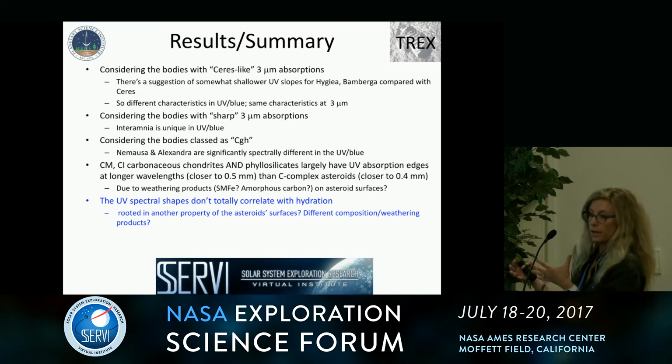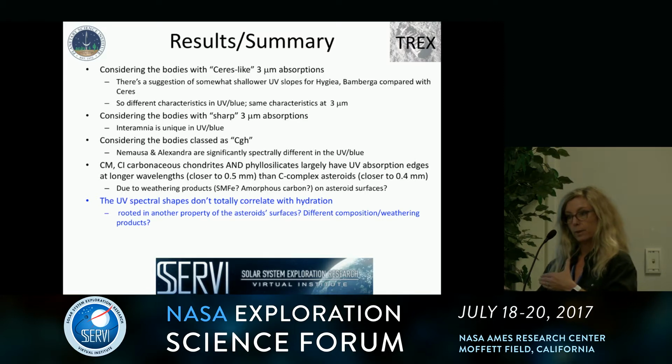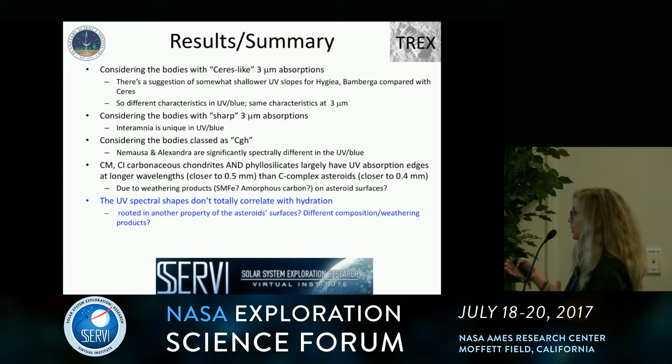So we see different characteristics in the UV and blue, even though there are similar characteristics at 3 microns. For sharp 3-micron absorptions, we see that Interamnia is quite unique. And considering the CGH bodies, we see that they are definitely not similar in the UV. We see that Nemausa and Alexandra, at least, are very spectrally different.